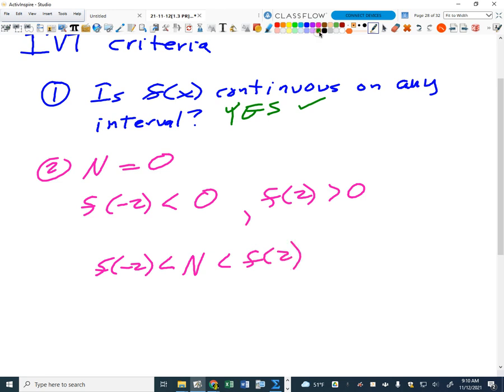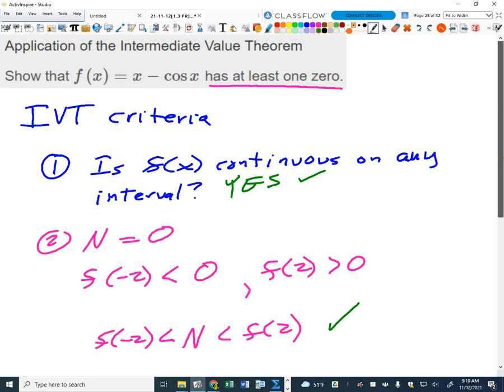So we meet our second criterion. And that's our proof. By IVT, there must be at least one place between -2 and 2 where this function has a 0. It doesn't ask us to find it, so we're done.